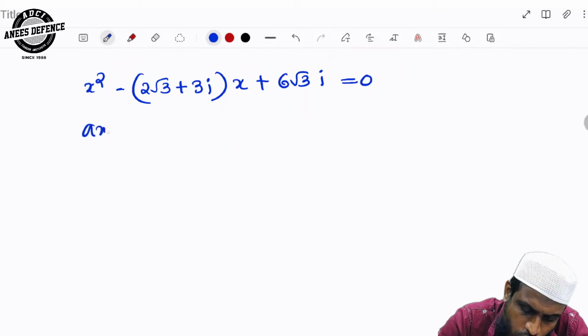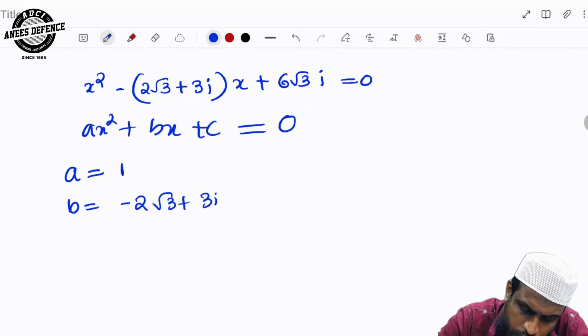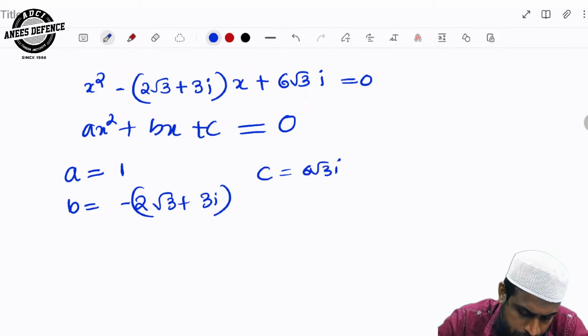So if you compare with ax square plus bx plus c equal to 0, you can get a equal to 1, b equal to minus 2 root 3 plus 3i, c equal to 6 root 3i.